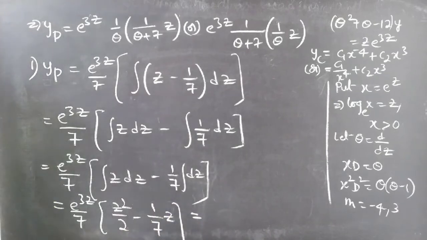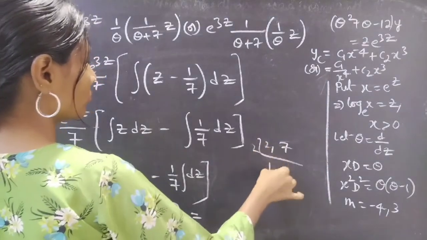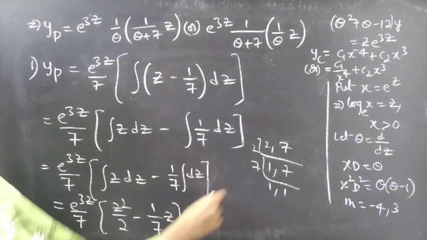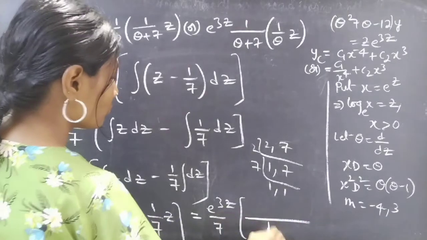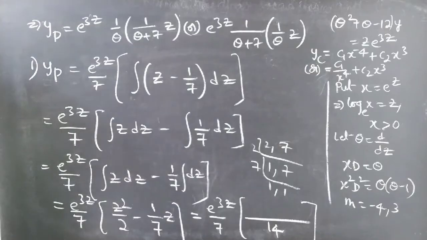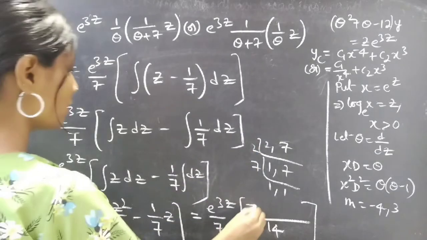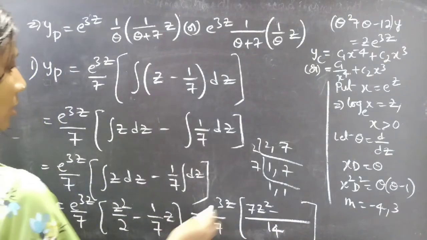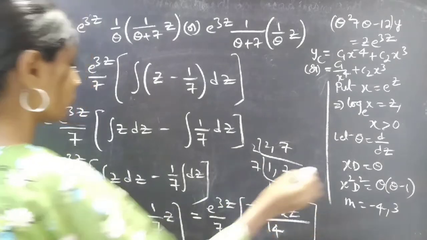Now take the LCM of 2 and 7. 2 sevens are 14, so 14 is our LCM. In the numerator we'll get 7. In the denominator of the first term we have 2, so cross 2 and multiply this 7 to the numerator, we'll get 7z square. Minus, in the denominator of the second term we have 7, so cross 7 and multiply this 2 to the numerator, 2z.